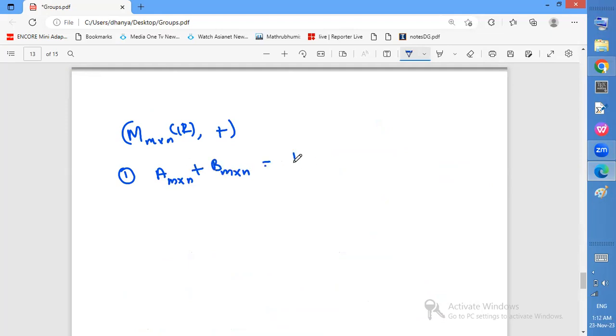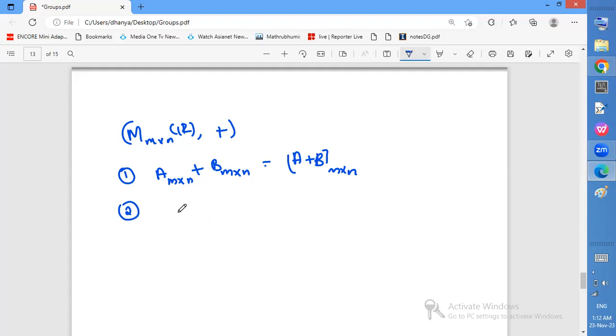their sum A plus B is also defined, right? Because they are of the same order. A plus B is again an m by n matrix and it has entries from R. So addition is a binary operation on the set of all m by n matrices over R. So the closure property is satisfied.